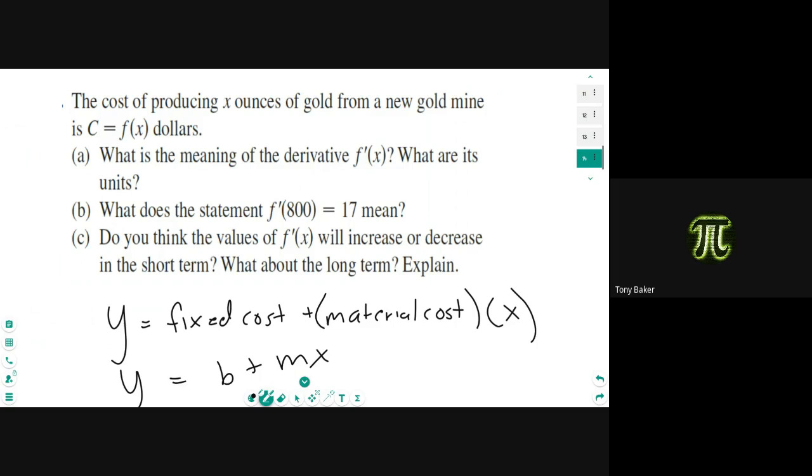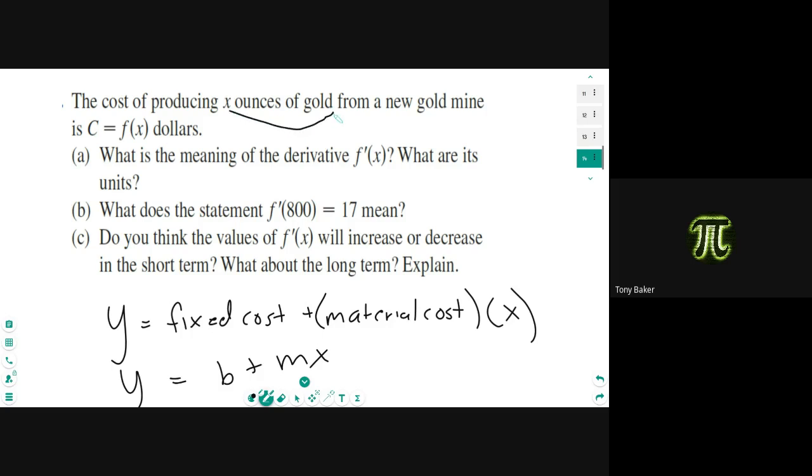Okay. So what does the statement f prime of 800 equals 17 mean? Dollars make 17 ounces. What's the x? Forget the houses. Go back to the actual problem, so we keep the units the same. 800 is the x, which is your ounces, right? x is your ounces.